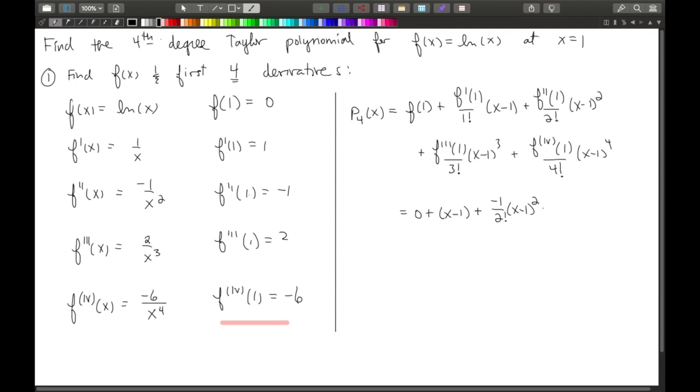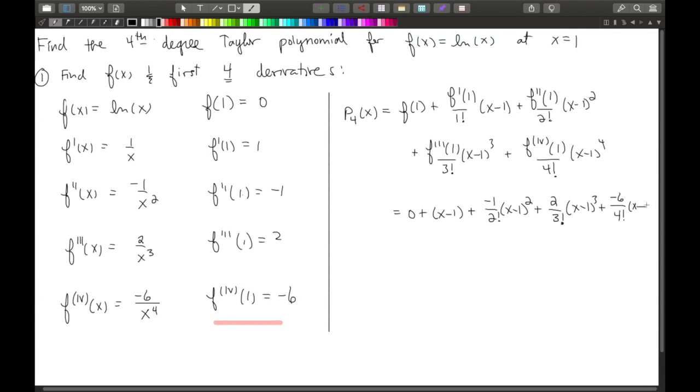And then we're adding 2 over 3 factorial times x minus 1 cubed. And finally, the fourth derivative at 1 is negative 6. That's divided by 4 factorial on x minus 1 raised to the fourth power.